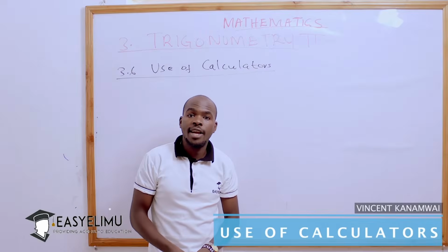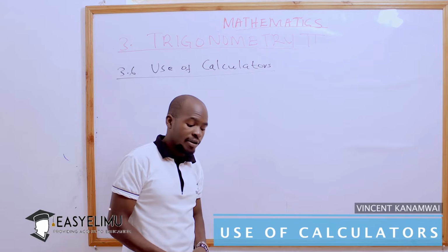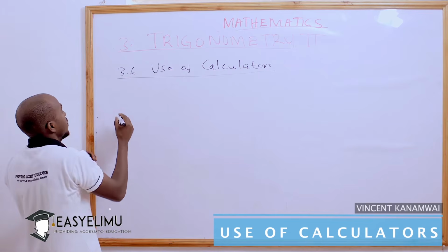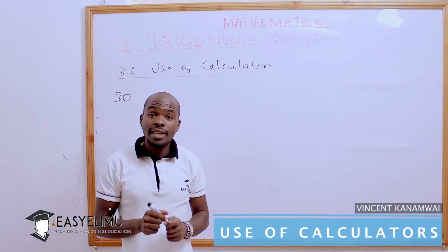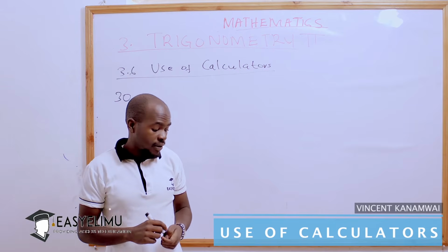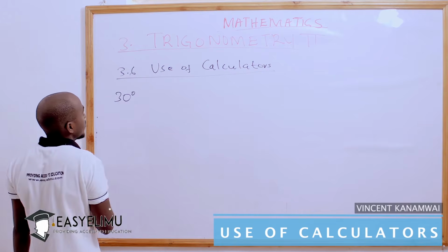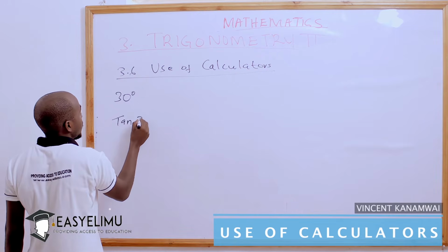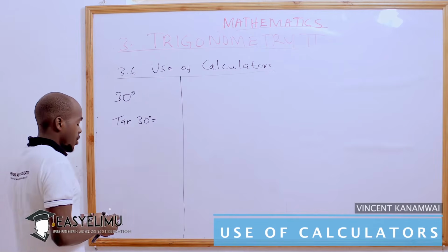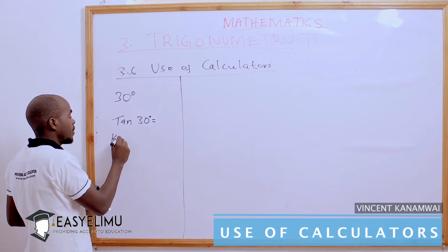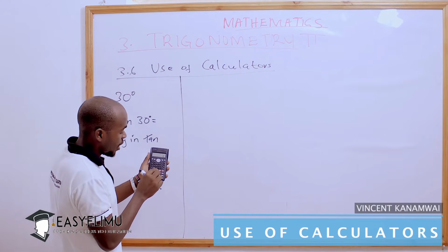Let's see how we may use calculators to calculate sines, tangents, and cosines of given angles. For example, if you have been given an angle like 30, we can calculate the tangent, cosine, or sine of that angle using a calculator. If we need tan of 30 degrees, you will first key in the tangent key, which you will find on a calculator.